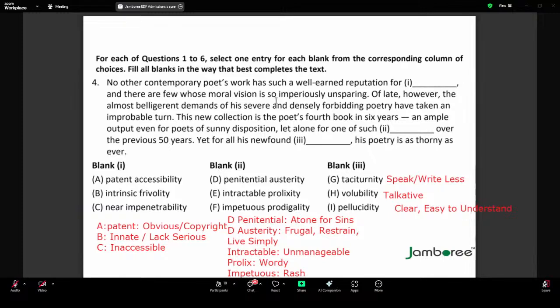No other contemporary poet's work has had such a well-earned reputation for something. We don't know what the reputation is, and there are few whose moral vision is imperiously unsparing. That means his reputation must be for something. It can't be patent accessibility. It doesn't feel right.